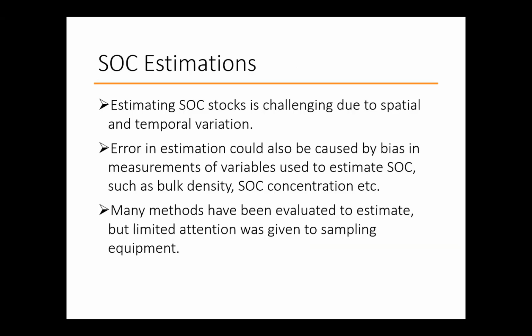So the error in estimation is not only due to the variation in space or time, but it can also be due to the bias that is introduced while we collect samples from the field, and these biases can be in estimation of soil organic carbon concentration, or they can be in the measurement of bulk density.